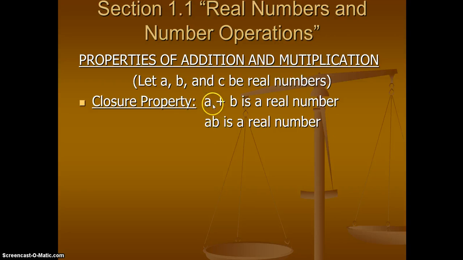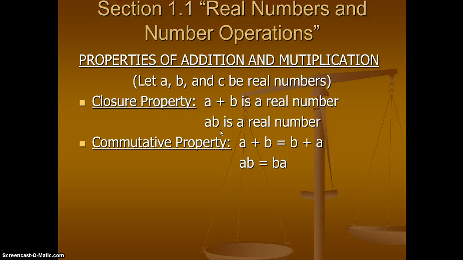So for example, 2 plus 3 is 5, and 5 is a real number. And so 2 times 3 is 6, and 6 is a real number. The commutative property, we have a commutative property of addition and a commutative property of multiplication. In the commutative property, it doesn't matter how you add A and B, you'll still get the same answer.